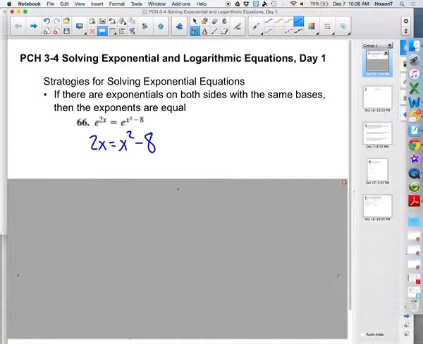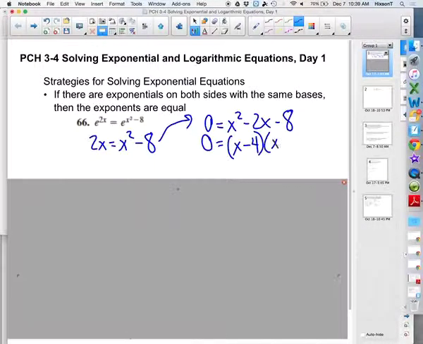And then that's just a simple quadratic equation that you guys know how to solve. You'd get it equal to 0 from there. You would factor, or use the quadratic formula if you really like that, or complete the square if you just really like to punish yourself. And you'd get 4 or negative 2.